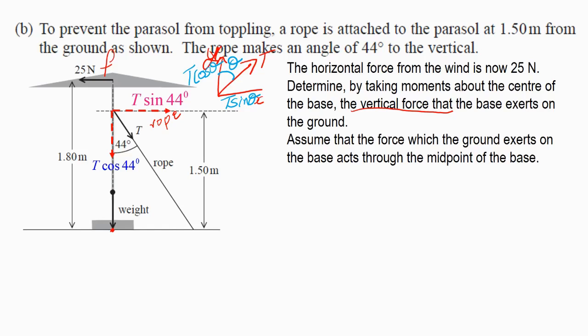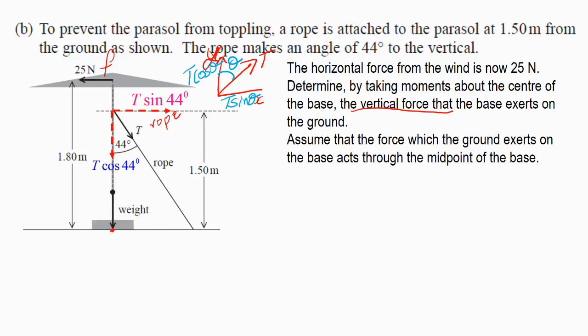So now the total number of forces: one is the weight, second is the vertical component of tension, third is the horizontal component of tension, and the fourth is the wind force. Now there are four forces.